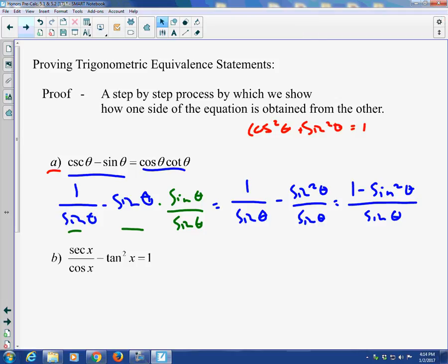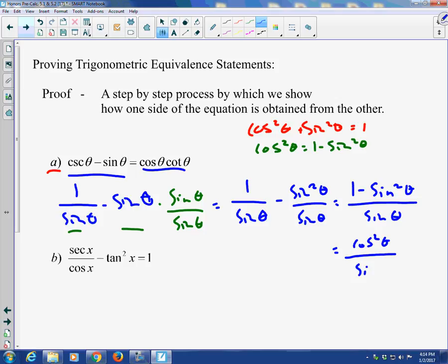And we already know from the previous page that when we subtract sine squared theta from both sides, we get cosine squared theta equals 1 minus sine squared theta. So we can make that substitution and get cosine squared theta for our 1 minus sine squared theta, over sine theta, not sine squared theta.